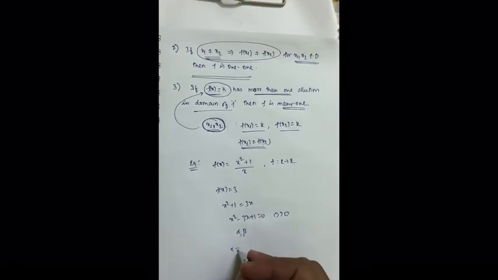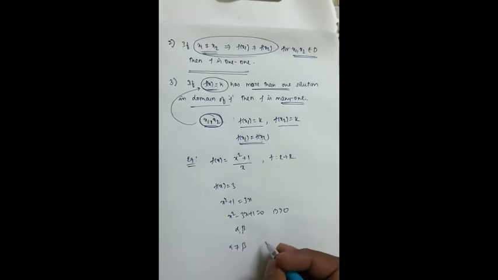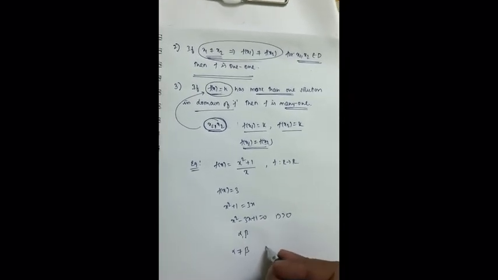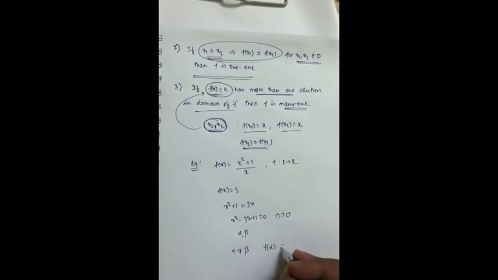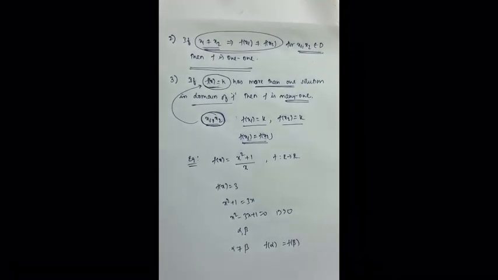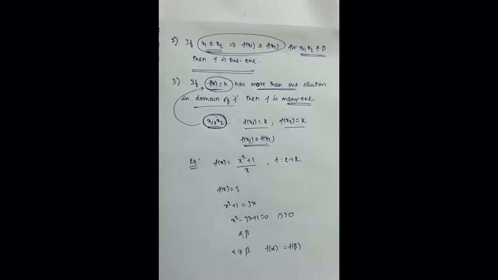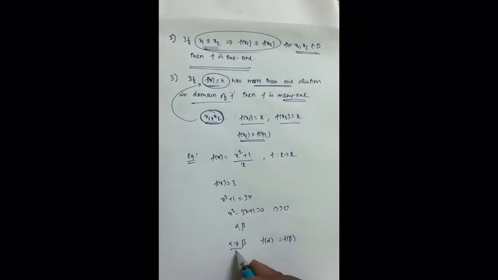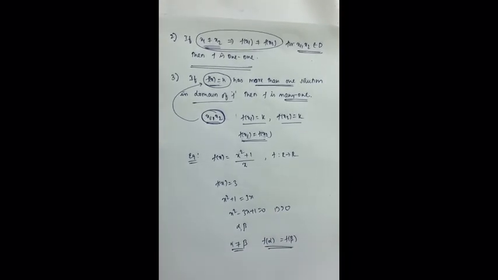Because alpha is not equal to beta, discriminant is positive, not 0, and f of alpha equals f of beta, which means two different elements are having the same images, so it is not 1-1.